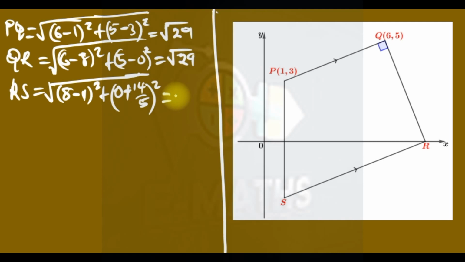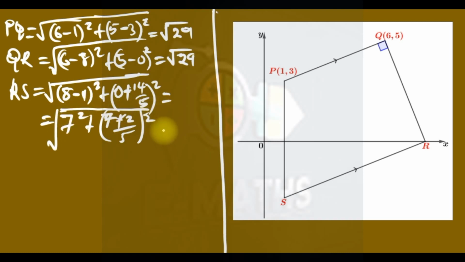So we need to make it easy by factoring. So what I will do, 14 is 7 times 2. So we now have, okay, let me just write, this is 7 squared plus 7 times 2/5 all squared, all in square root. So we have 7 squared in both, so square root of 7 squared is 7.